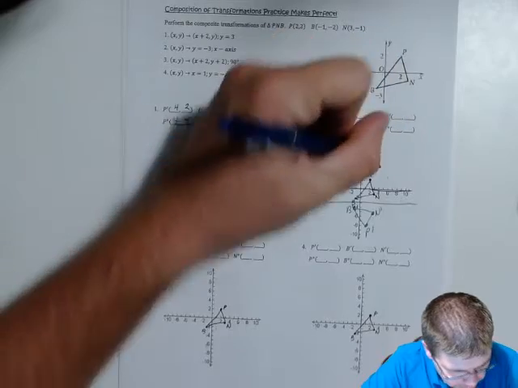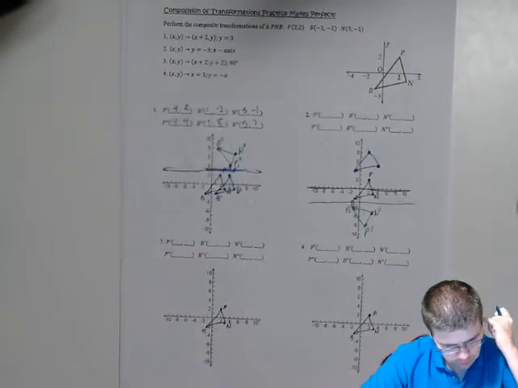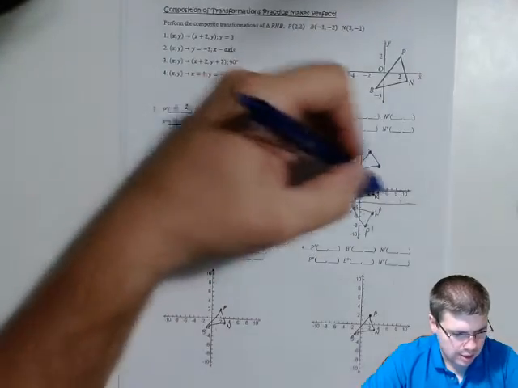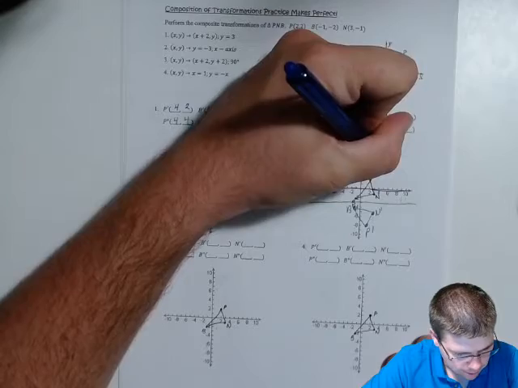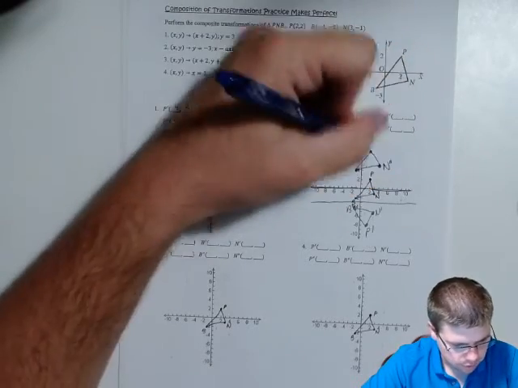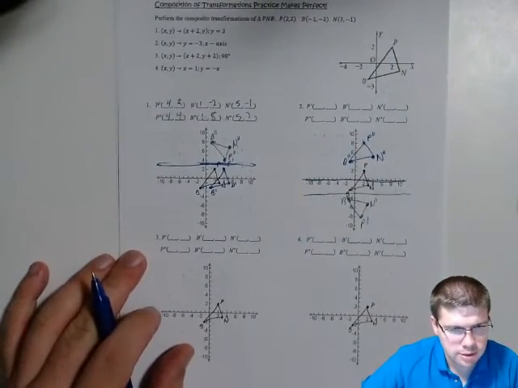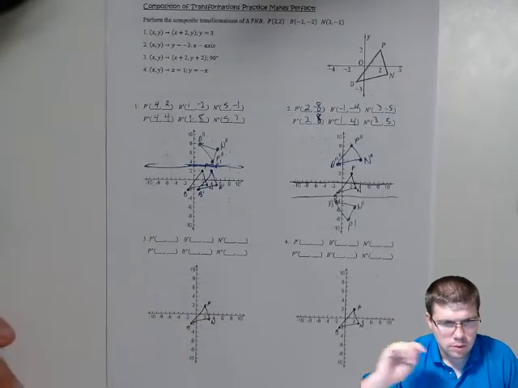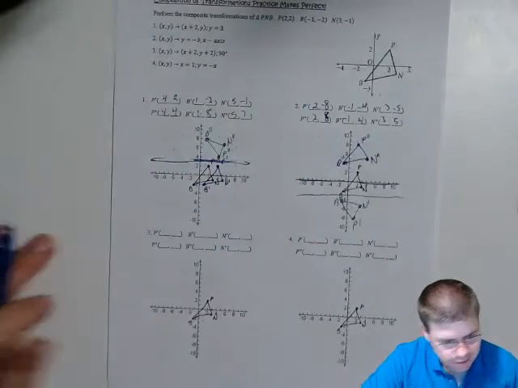And so ultimately, with a couple of reflections over some horizontal lines, y equals -3 and then the x-axis, this ends up being a translation up, just translated up there. So P double prime and B double prime. And let me fill in those points. So that's where those points will end up there. Again, it just looks like it's a translation straight up.